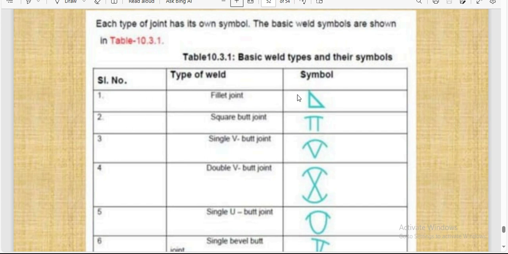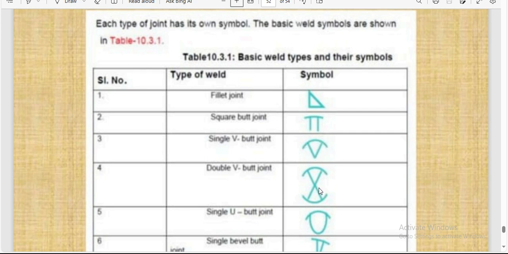Fillet joints look like a triangular shape. This is the fillet symbol. Square butt joint: square, and the butt is parallel and straight, also each is connected. Single V butt joint: you see this V and the butt is given in the form of curves.